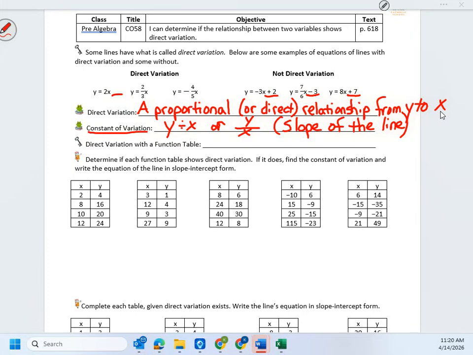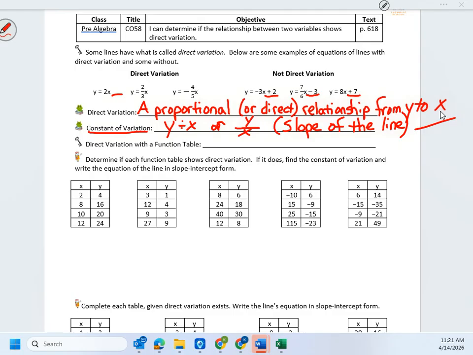If it is that straight line, that constant of variation is the same for any 2 points on that line. That slope stays the same, right? It's not curved, it's a straight line. That slope is always the same.